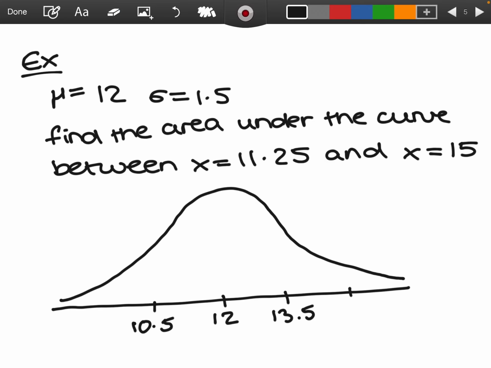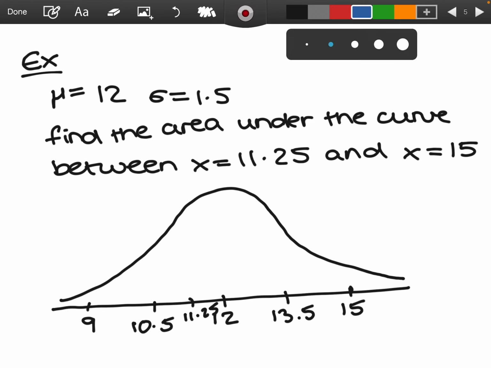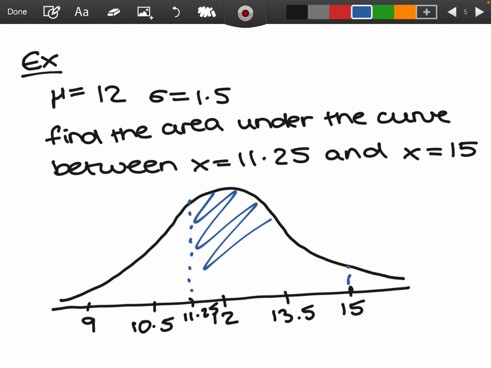And then two standard deviations above would be at 15. Two standard deviations below would be at 9. Okay. This time we're asking what's the probability that we're between 11.25 and 15.